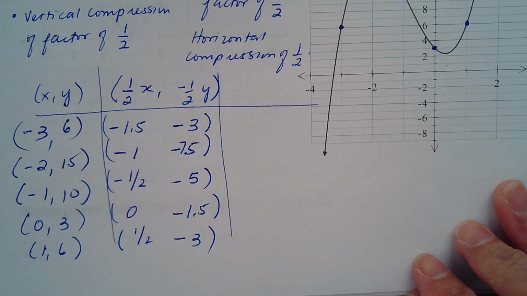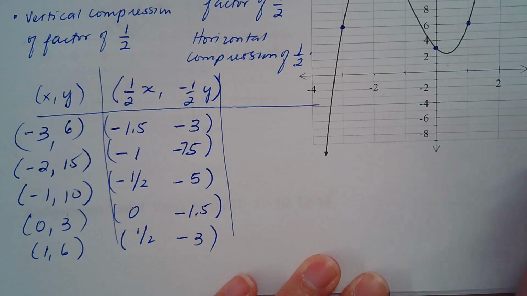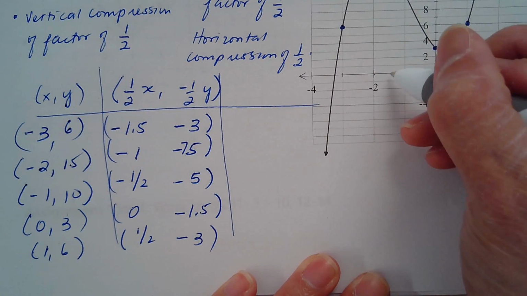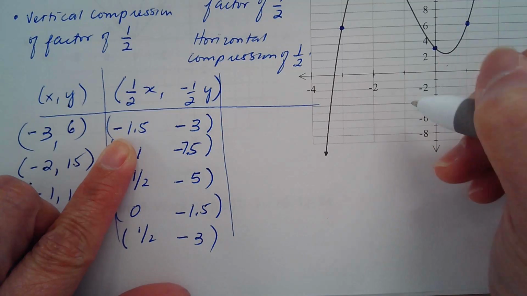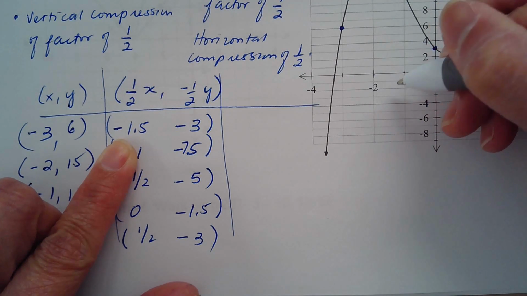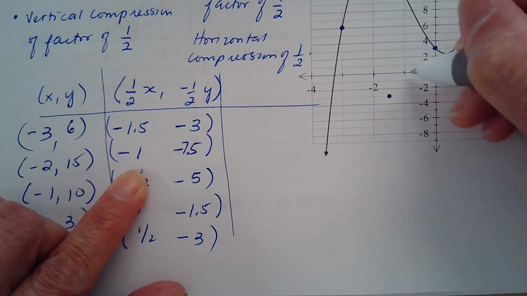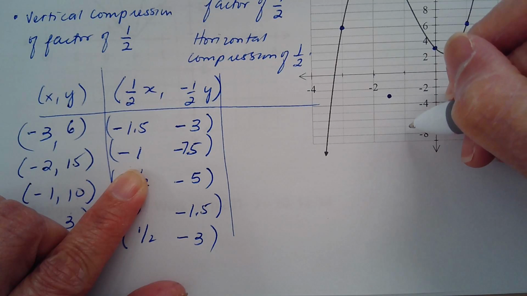So we're compressing everything and then reflecting on the y. So negative 1.5, negative 3. Negative 1, 7.5.